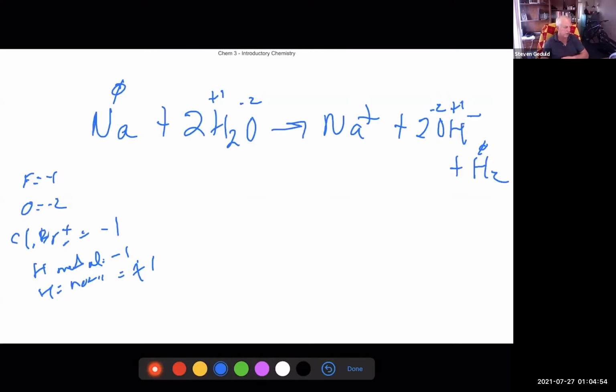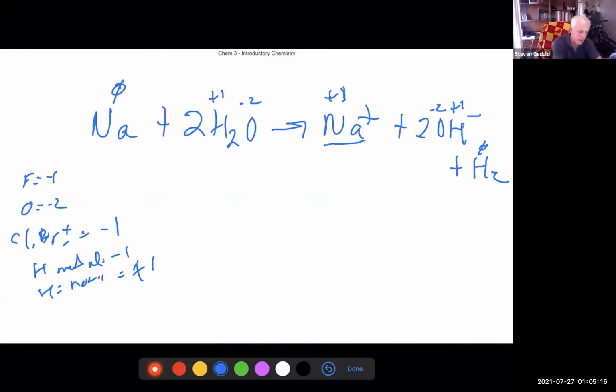You've also got a rule that the numbers have to equal the charge on the element or compound. So if this was Na+ right here, with Na+ this has to be +1. You've got to equal the charge. Look at H2O.